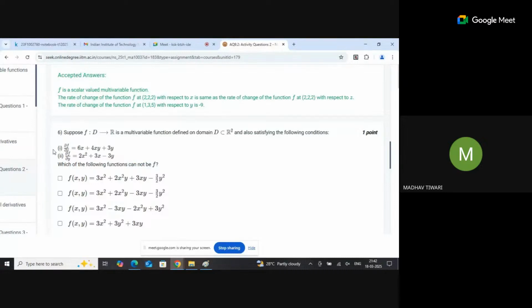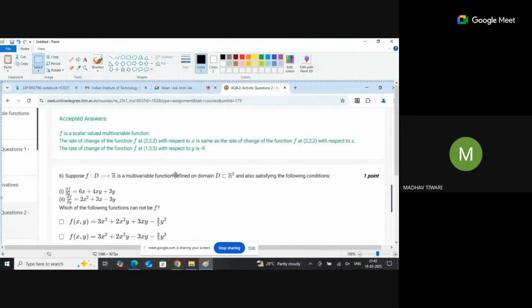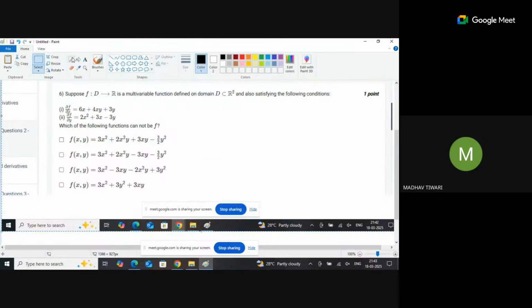So if I take the derivative of this with respect to x, what would it be: 6x plus 4xy plus 3y.